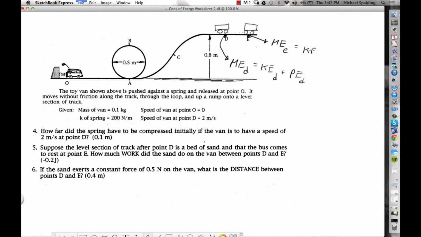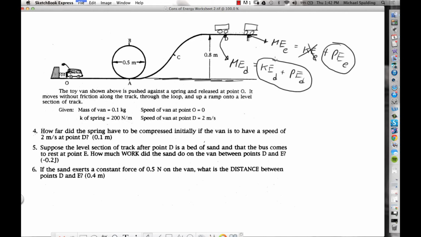Kinetic at E, do we have it? No, because why? What do they tell us in the problem? It stops at point E. So then plus potential at E. So what's the only energy we have at point E? Potential. What's the only energy we have at point D? We got kinetic and potential.